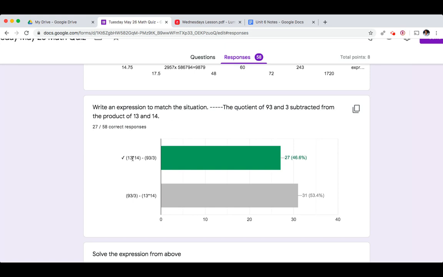So here, the correct expression was parentheses 13 times 14, close parentheses, minus parentheses 93 divided by 3, close parentheses. As you are writing expressions to match situations, make sure that you are carefully paying attention to the keywords so that you get the order correct.